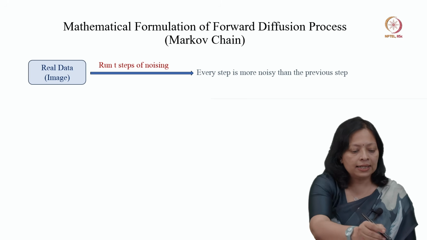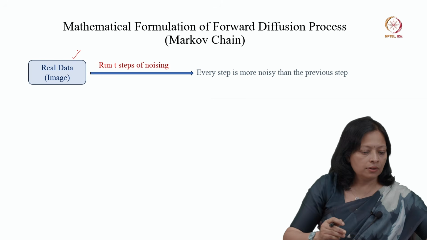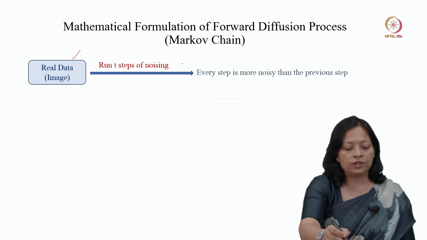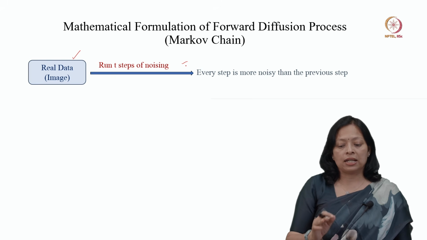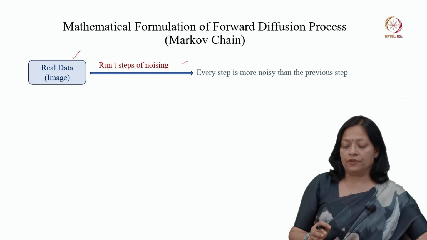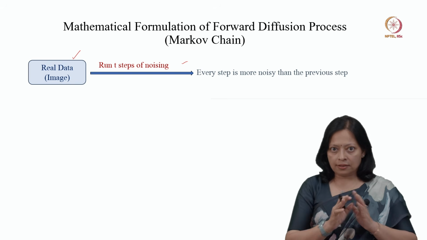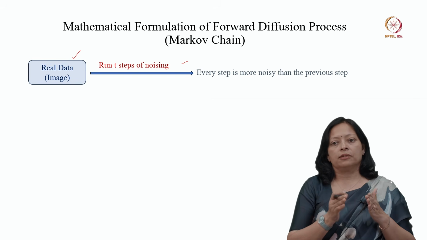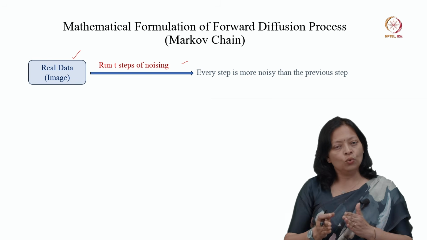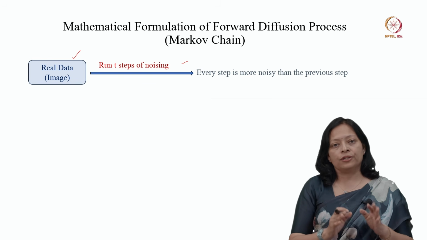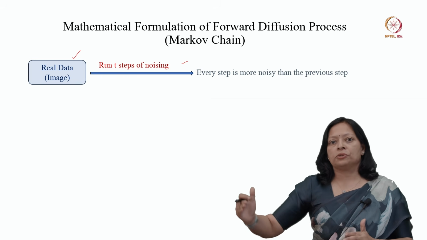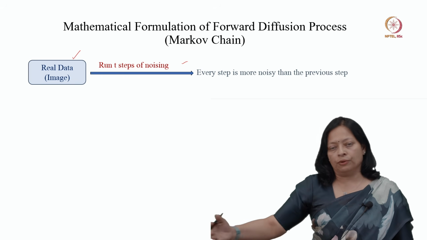So, we have real data which is our image, then it is run through t steps of noising and every step is more noisy than the previous step. Okay. So, this we have seen. When t equals 1, 2, the noise added to the image is much lesser compared to when we have t equal to 30 or 35 or 40.